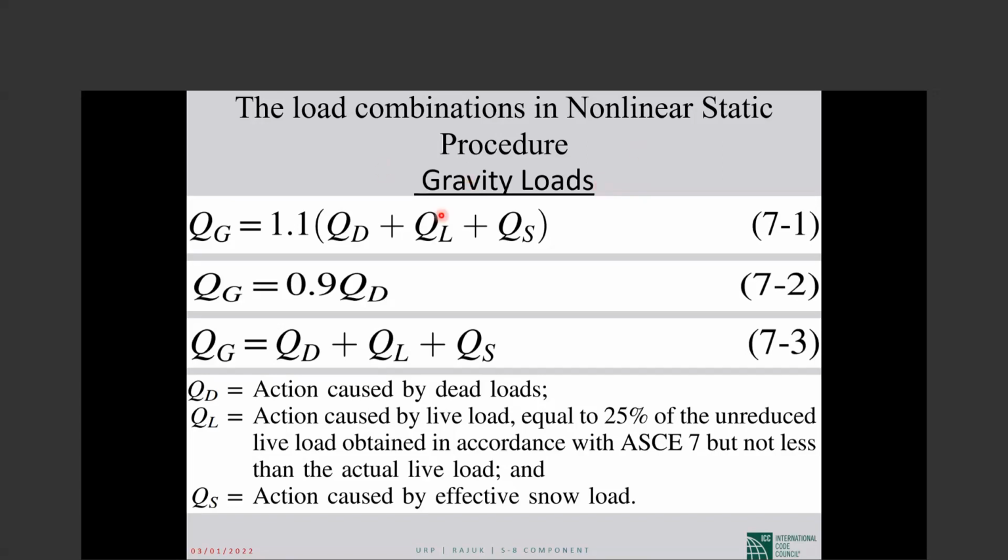We had it in the previous session, the same for the nonlinear and linear analysis, the gravity load combinations that should be used. I mentioned that previously it was just one formula for the maximum gravity load and one for the minimum gravity load, including dead and live. Now snow is added, so it becomes 3 combinations for the gravity load.